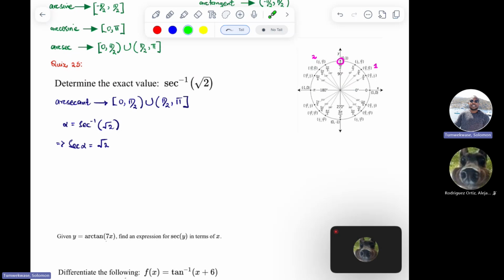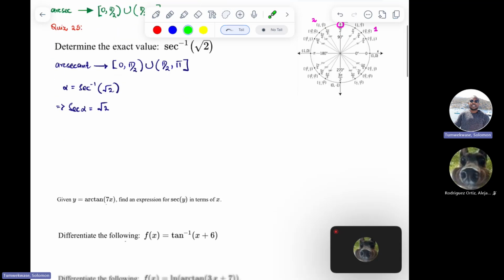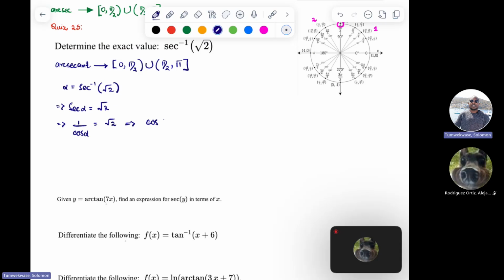Here all of them are positive, and here only sine is positive, but secant is related to cosine. In fact, I can write this as 1 over cosine alpha is equal to square root of 2, and this means that cos alpha is 1 over square root of 2.